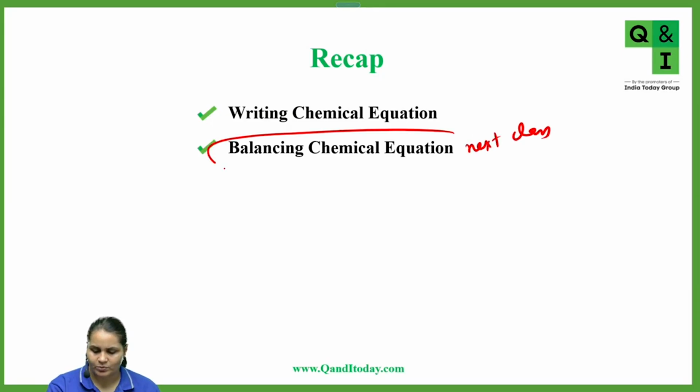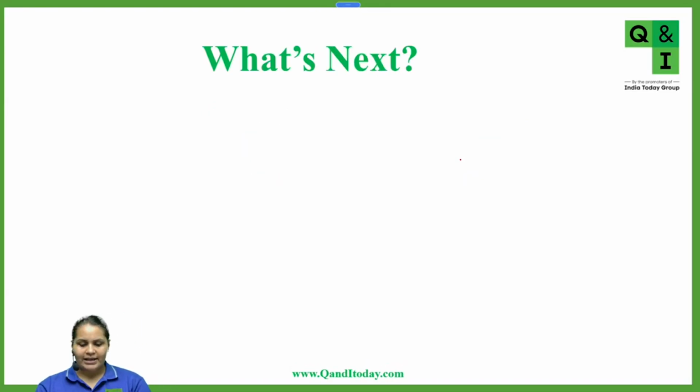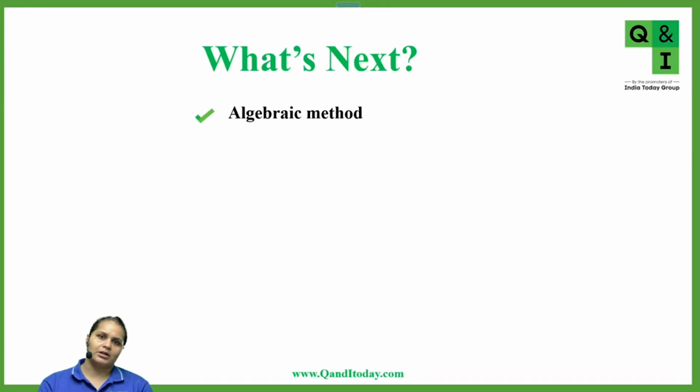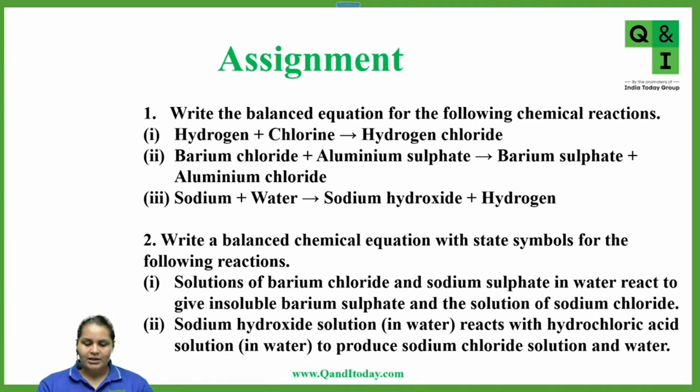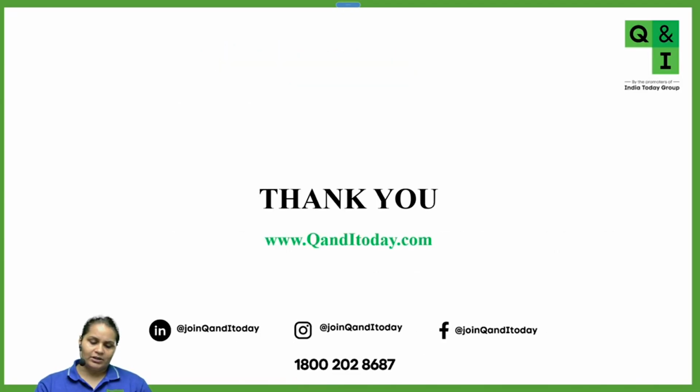Writing a chemical equation was not difficult at all. In the next class, we will do balancing chemical equations. We'll see the hit and trial method as well as the algebraic method, and we will find what information we get from the balanced chemical equation. Fine. I'm not giving you an assignment right now because that assignment is related to balancing.